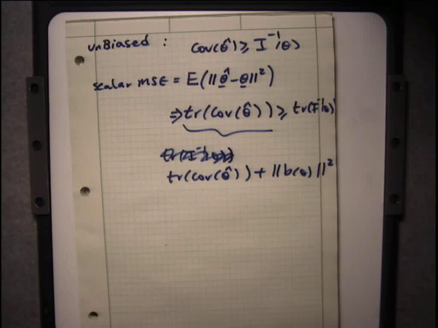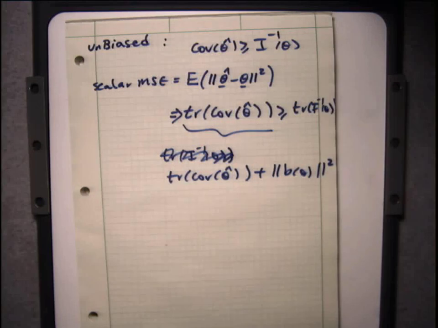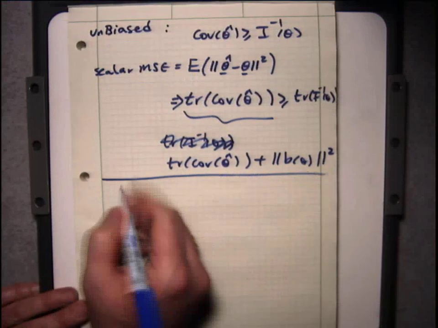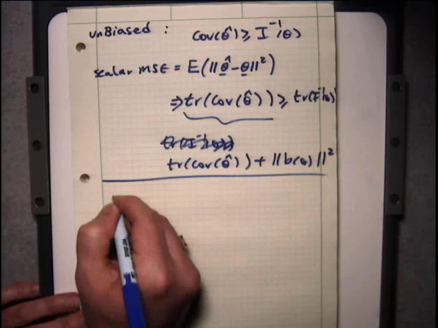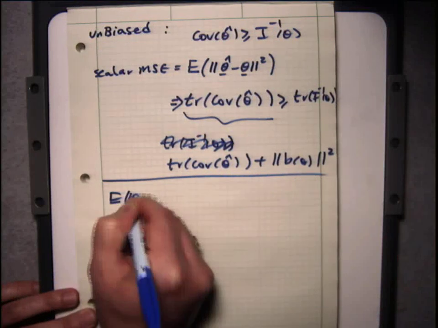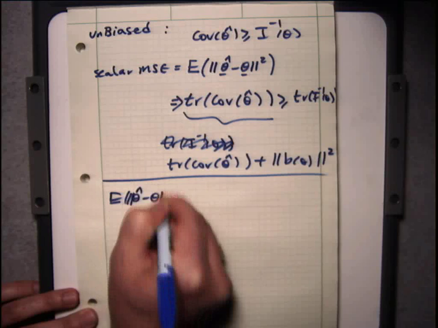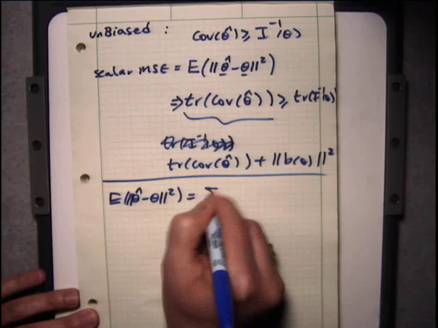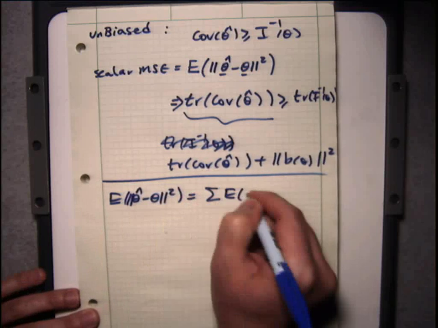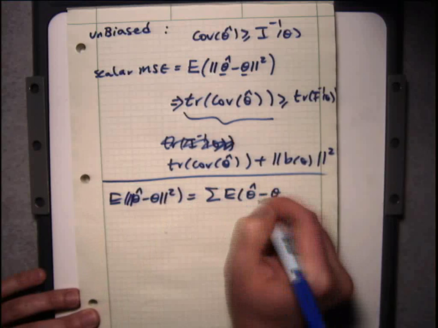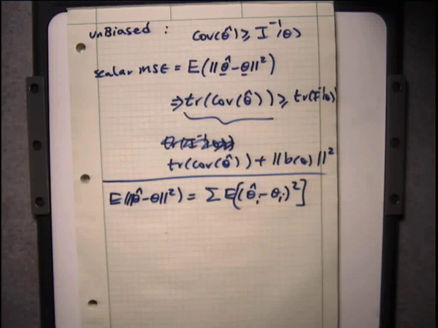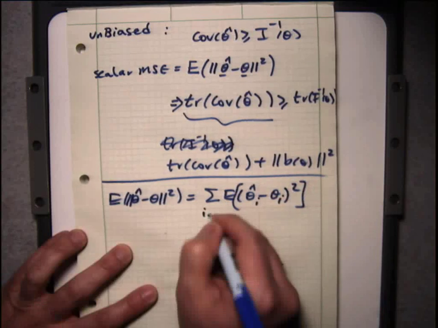Okay, so let's write this in a more explicit way. What this gives us is the expected value of the norm of theta hat minus theta, squared. This is equal to the sum of the expected value of theta hat i minus theta i, squared, where i equals 1 to p.